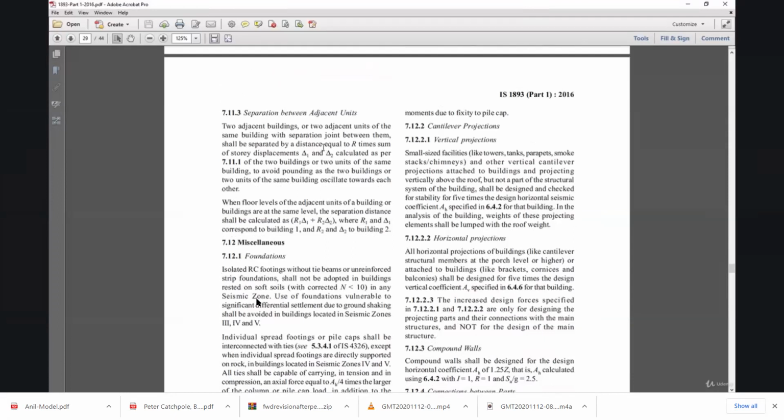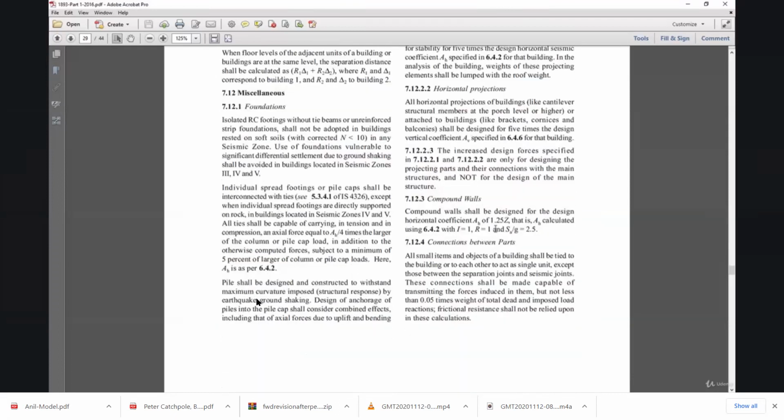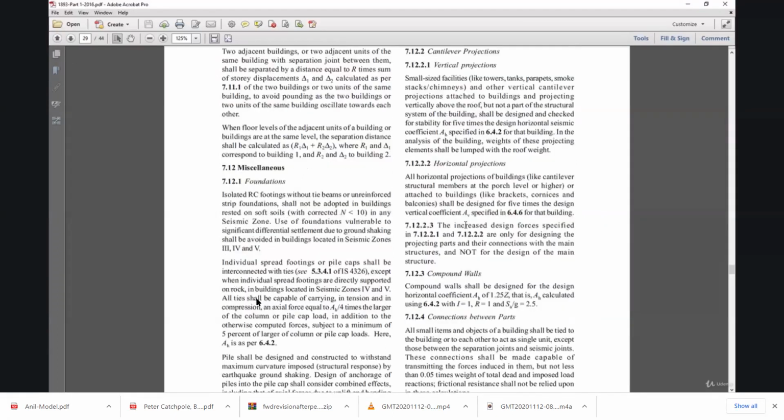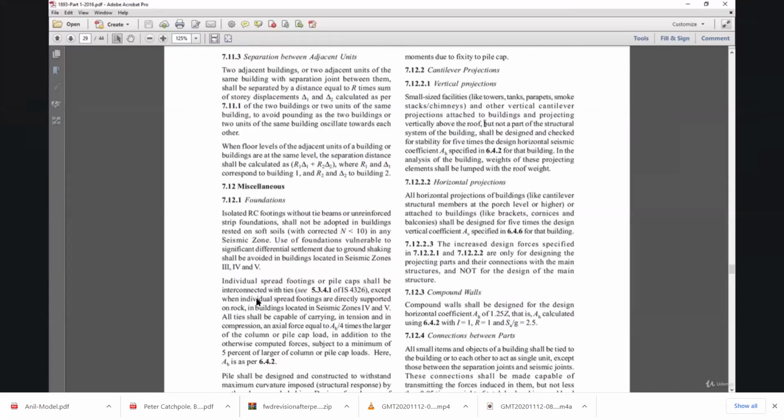It also guides us that the distance between two adjacent buildings shall not be less than this. For foundation, it is also giving us this guideline. For compound wall, it simply guides us that importance factor shall be 1, response reduction factor shall be 1, and Sa by g shall be 2.5, and design horizontal coefficient Ah of 1.25Z. After that, it is also guiding us for vertical projections.